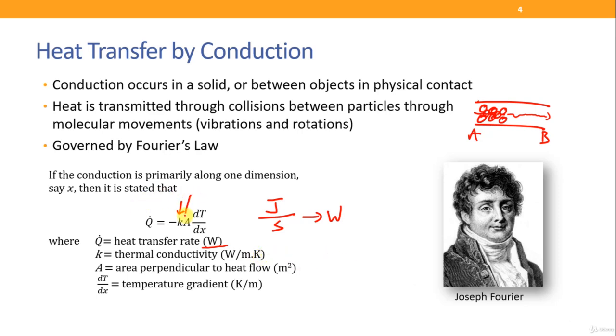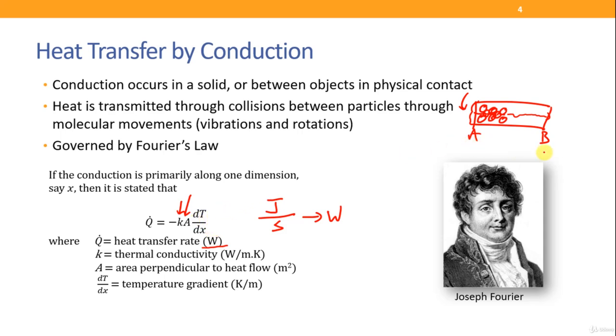A is the area of the surface that we are talking about. Let's say from point A to point B, this will be the cross-sectional area that we are interested in. So that refers to A. dT/dx is the difference in temperature per unit length. dT is the difference in temperature.